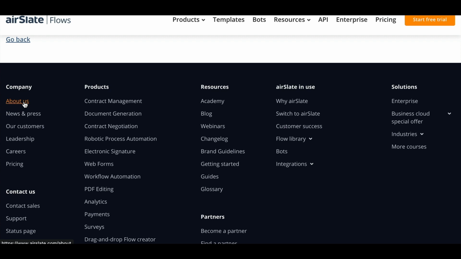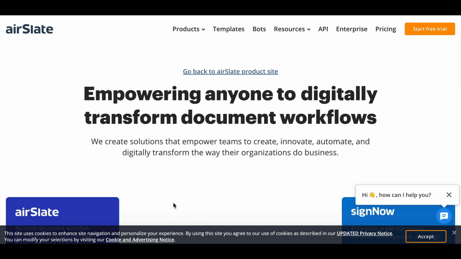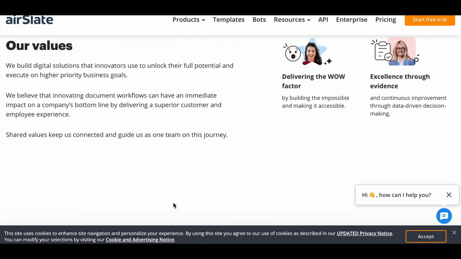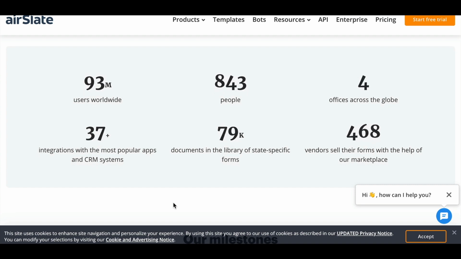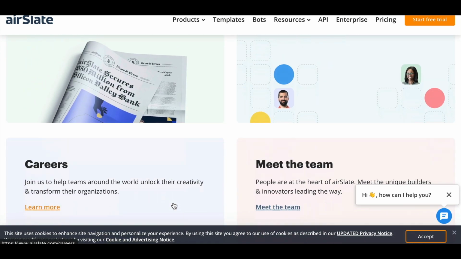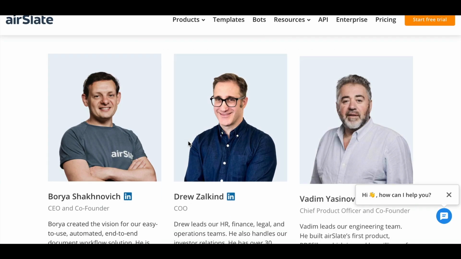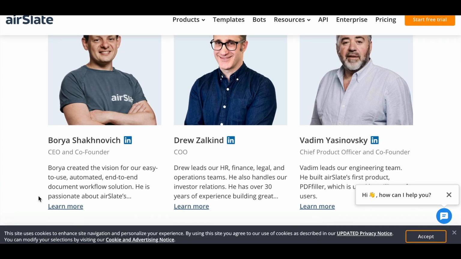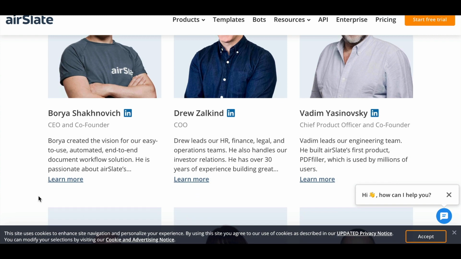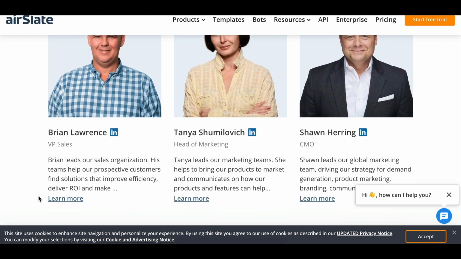When I look at who they are on an About Us page for who actually owns that site on a higher level. All right. Oh, so AirSlate is the parent company. They have all these different things they own. Here's all their values. The very complicated website. There's all this stuff sliding in. Meet the team. So our leadership team. Here's our CEO, co-founder, and all these different people. You can see their LinkedIn, etc.